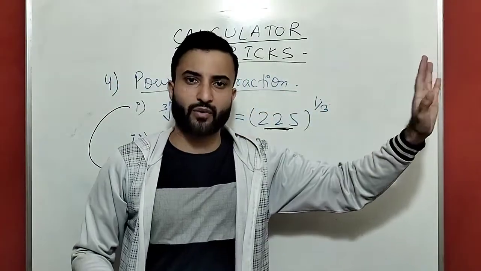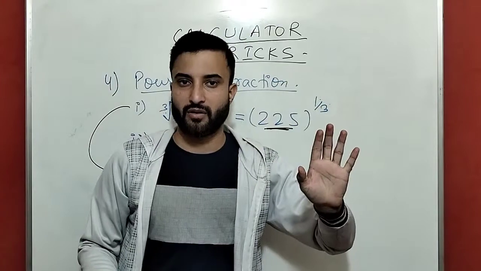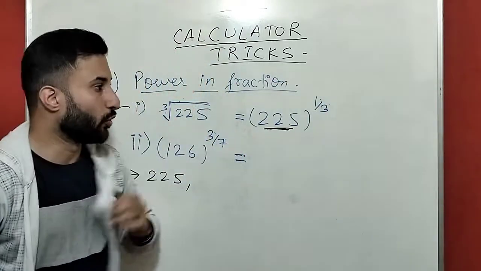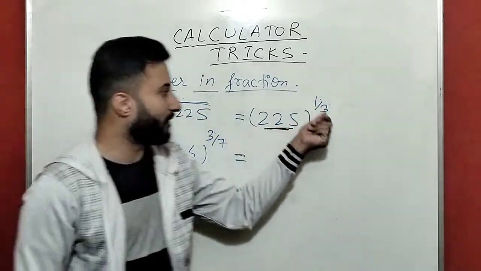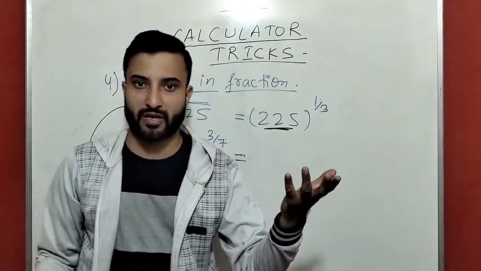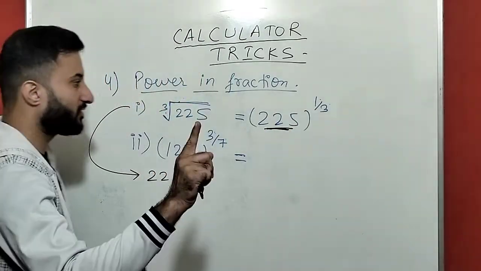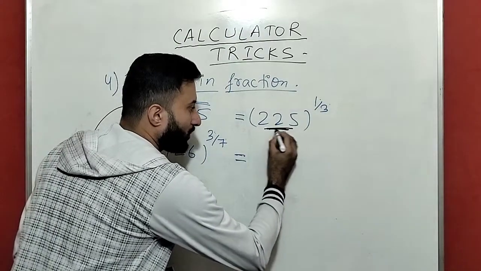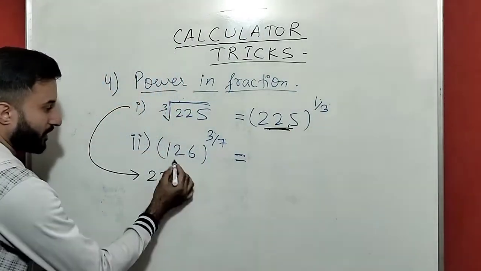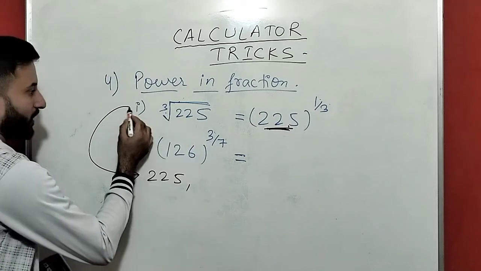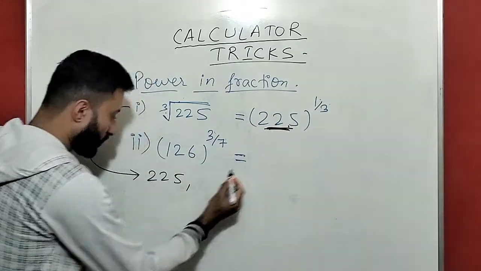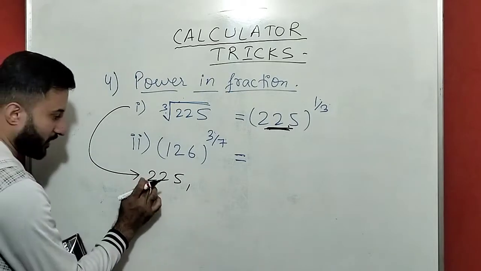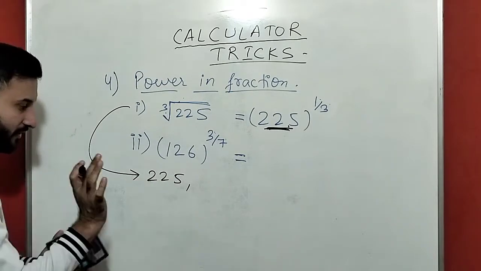For the cube root also we can do this: we remove the cube root, the power becomes 1 by 3, in fraction. So the first step is to write the number we have to find, 225. Here, for the second example, the number is 126. We are looking at the first one, so we write the number 225.